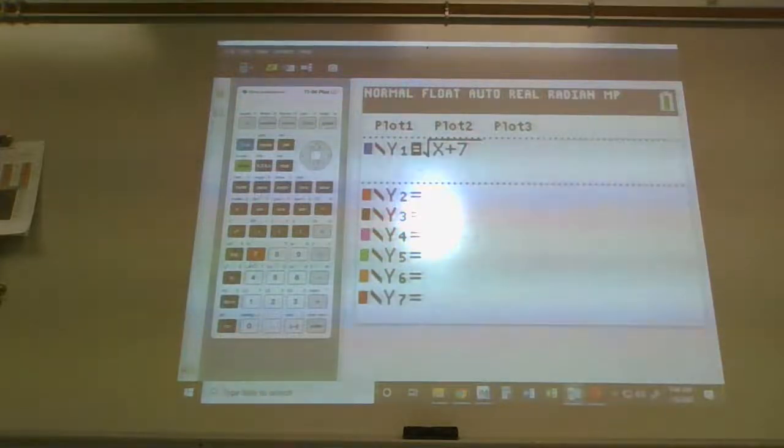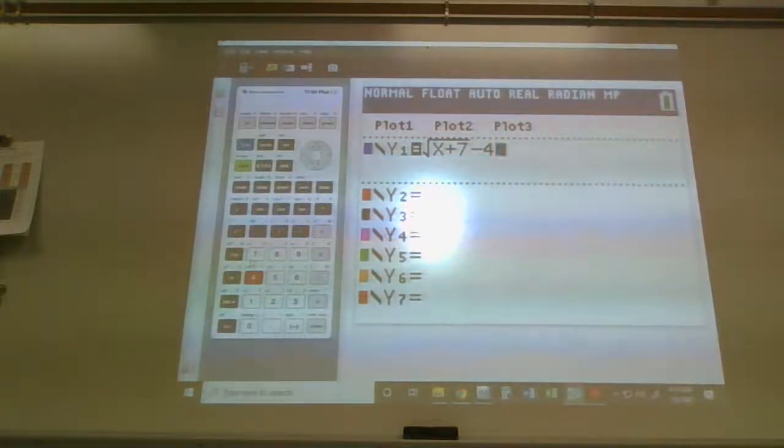That minus 4 is not inside the square root. That minus 4 should be outside the square root. So I'm going to have to hit the right arrow key to get out of that square root. And then I just type in minus 4. It fell. But that's the way that thing should look in your y equals key.